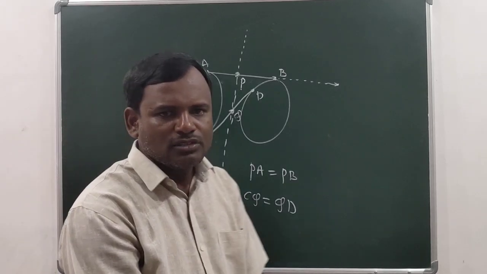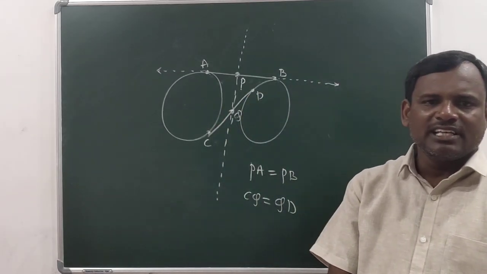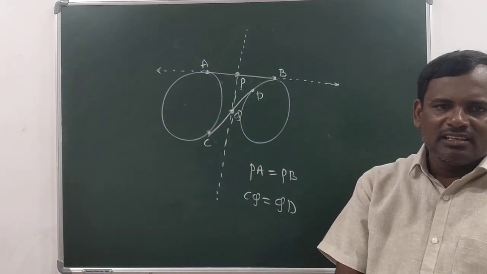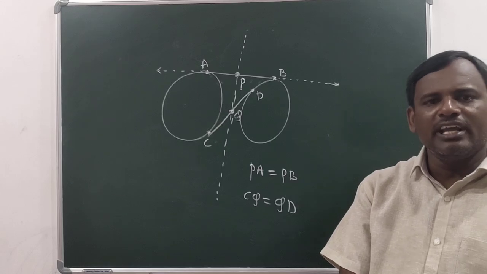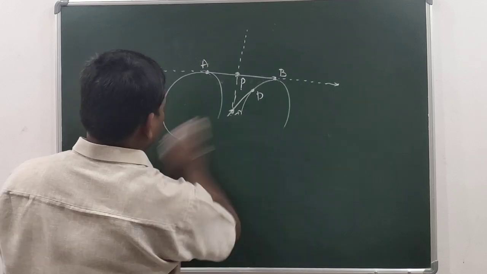Now let us go to learn the third objective of this chapter, that is the radical center of three or more than three circles and its properties.